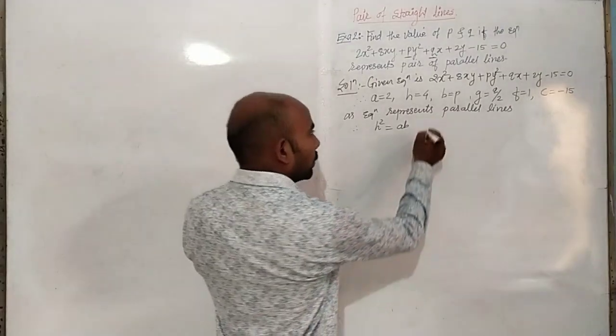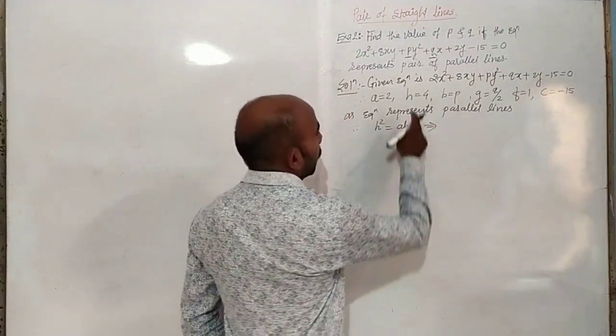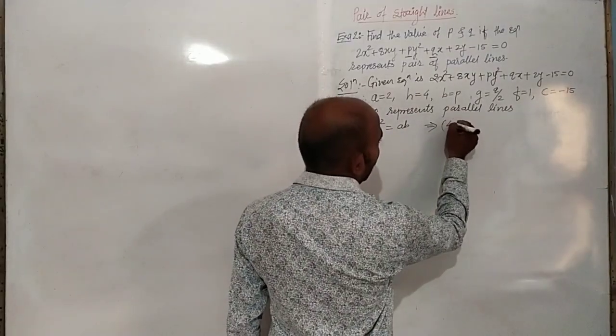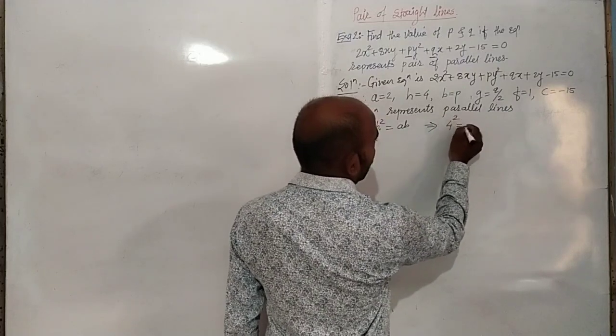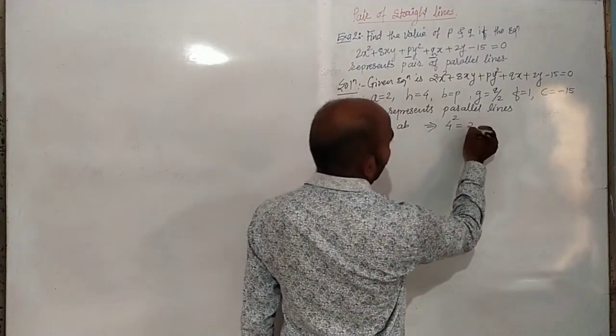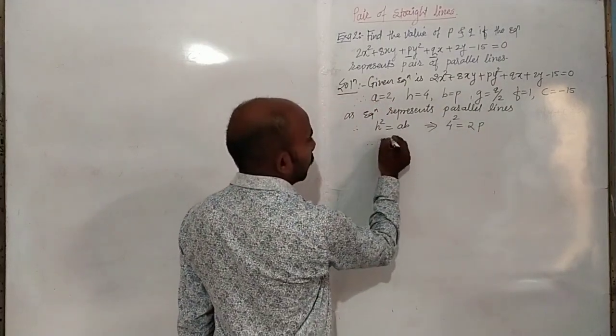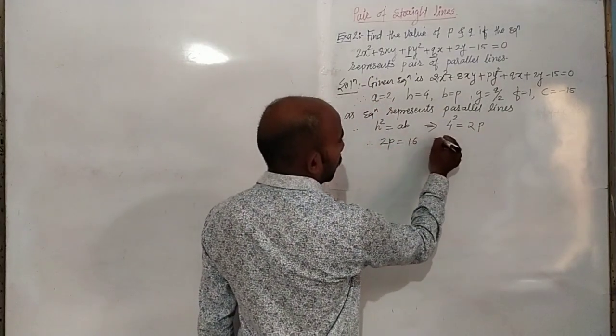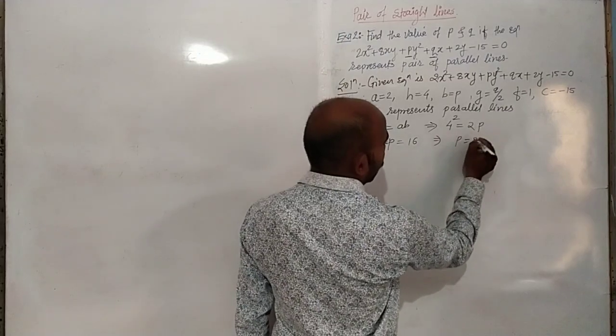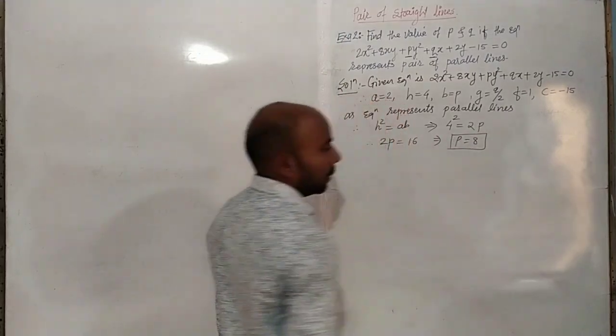So putting the values, the value of h is 4, so we have 4 square equals a, that is 2, into b, that is p. Therefore 2p equals 16. This implies that p is equal to 8. This is the value of p.